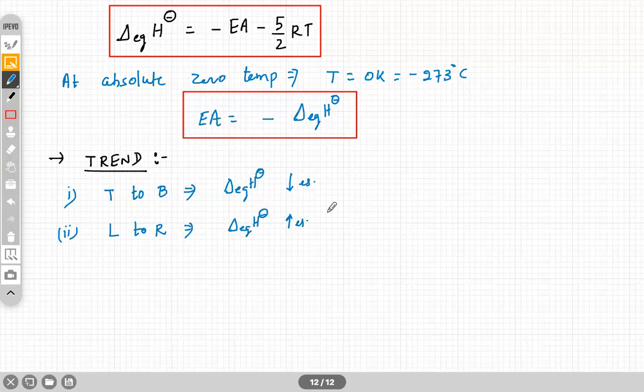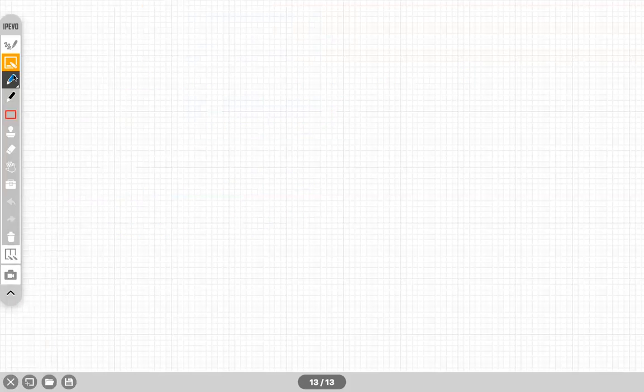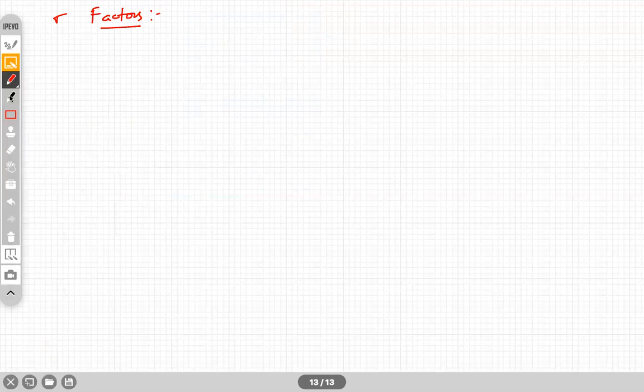Now, factors affecting it. First point, write down size of an atom.